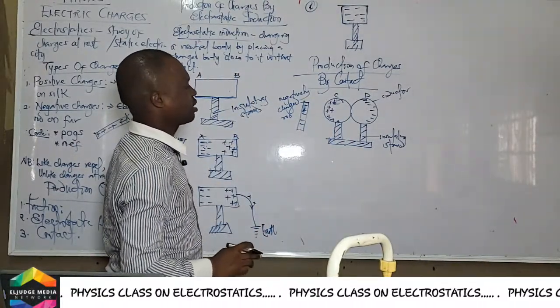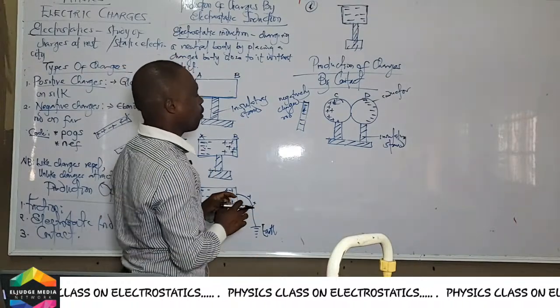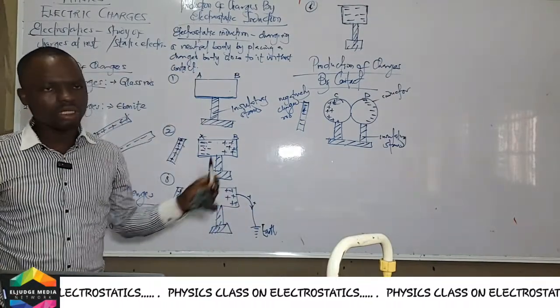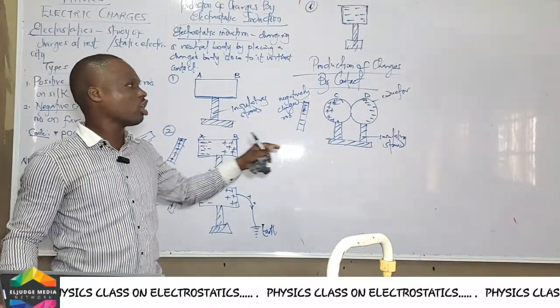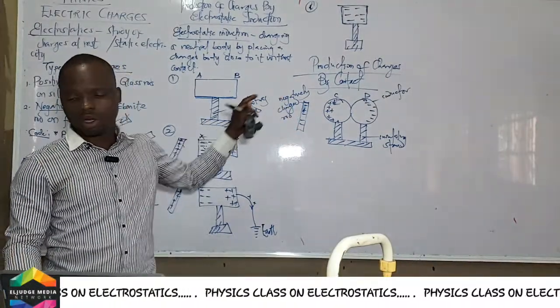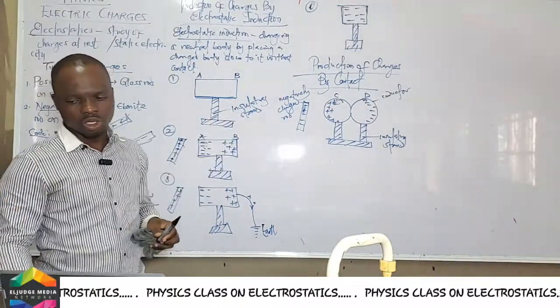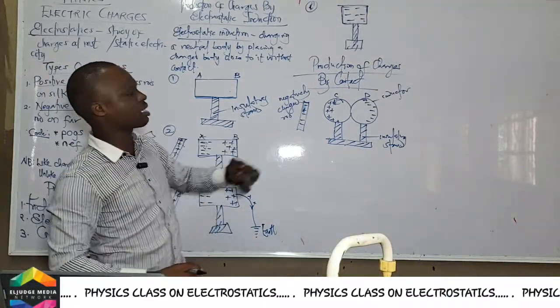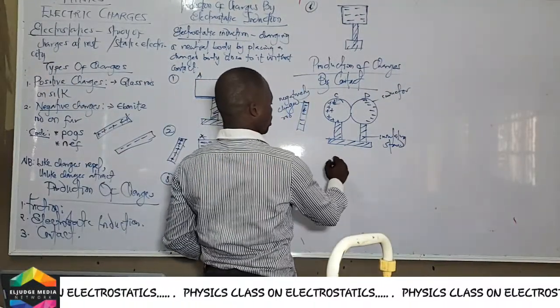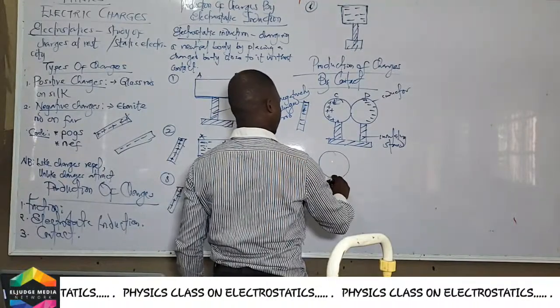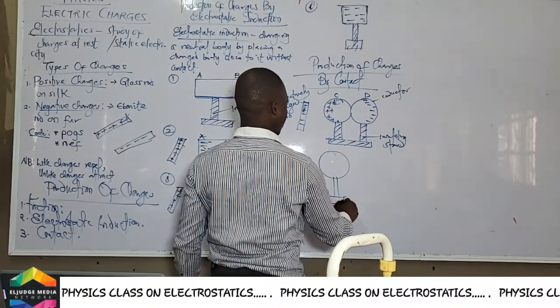Now, the next thing is when you break the contact. This is the explanation of the production of electric charges by the contact method. You still have the charged rod in position, and you separate them.